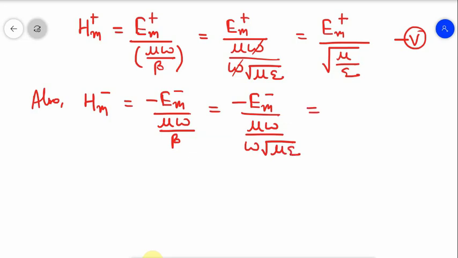So it is written as minus Em minus upon root of mu upon epsilon. This is also equation 5.